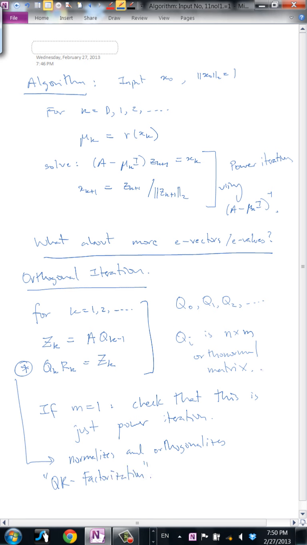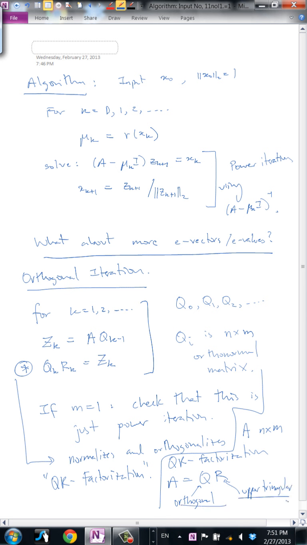For a general matrix A, not necessarily square, n by m, what's called the QR factorization is writing A as a product of an orthogonal matrix and an upper triangular matrix. And that is the power method and a few of its natural extensions.